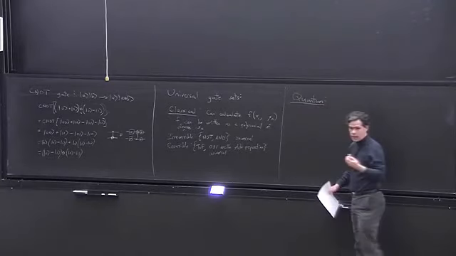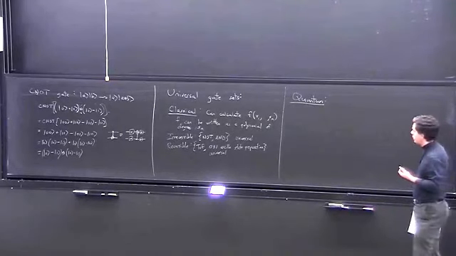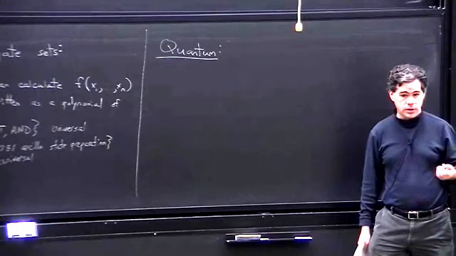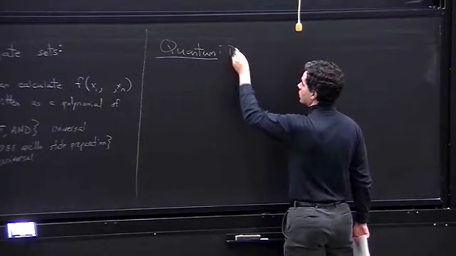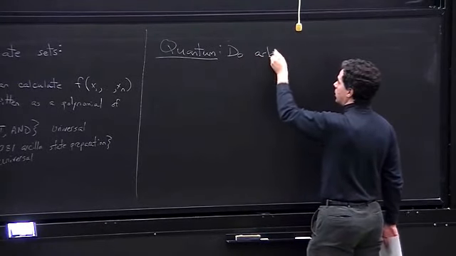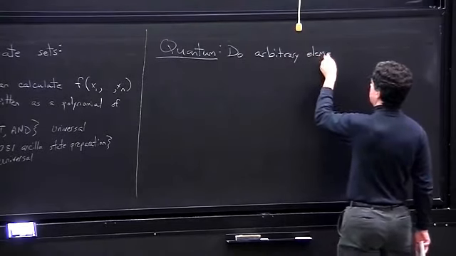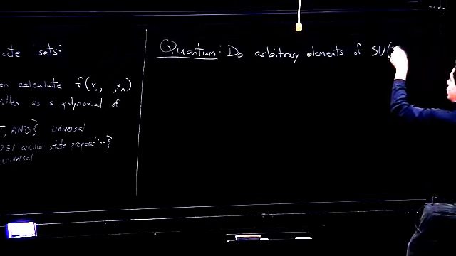So in the quantum case, our goal is to do an arbitrary unitary transformation. We have an n qubit Hilbert space, so it's a 2 to the n dimensional Hilbert space. So we want to do arbitrary elements of SU(2^n).